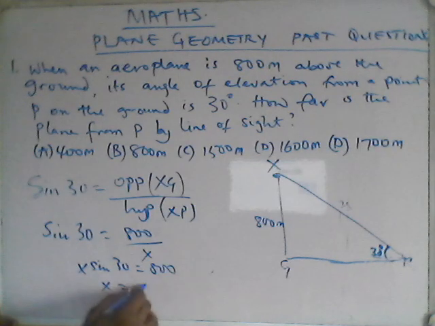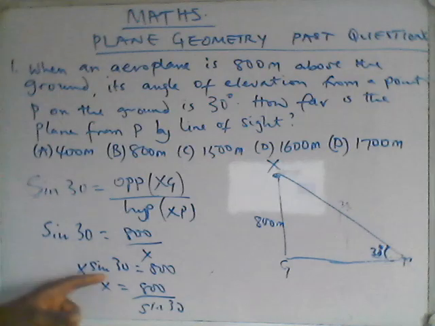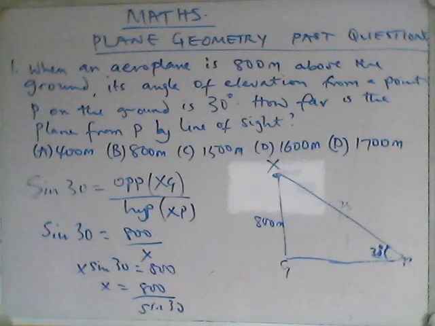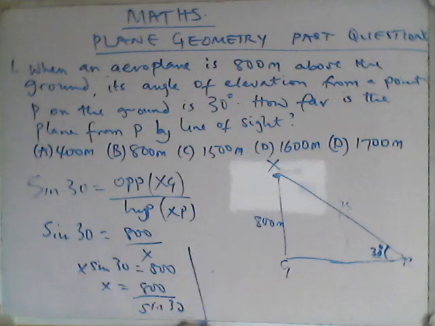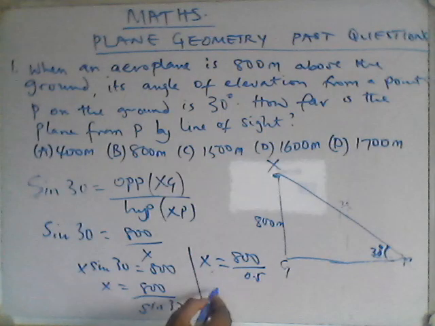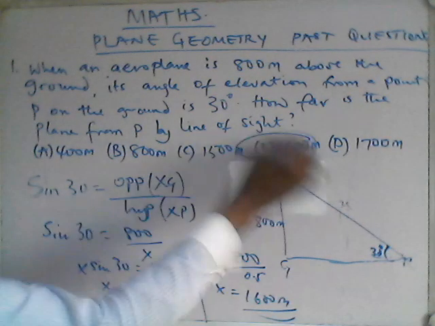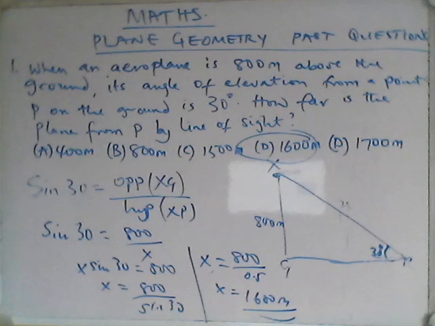So x is equal to 800 over sine 30. That is, if you divide both sides by sine 30, you will get this relationship. So sine 30 is already 0.5. So by the time we do that, let me finish up here. x is equal to 800 over 0.5. x is equal to 1,600 meters. So the answer is D. Okay, we'll go to the next question.